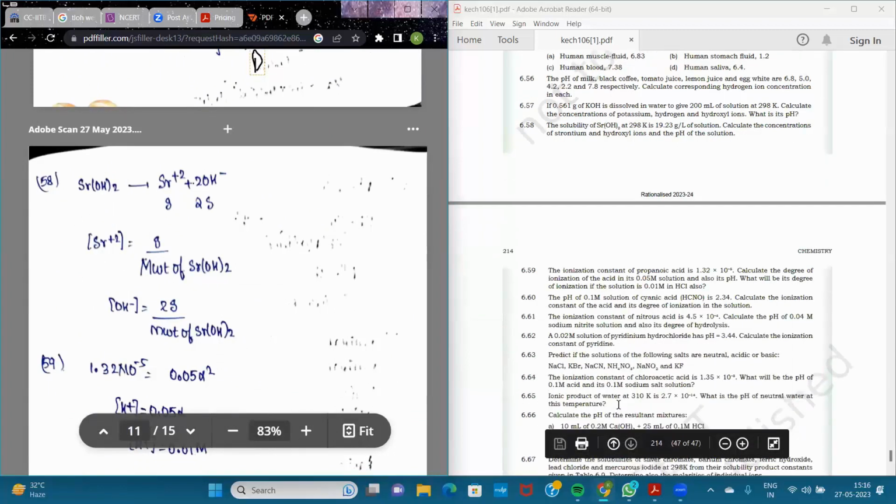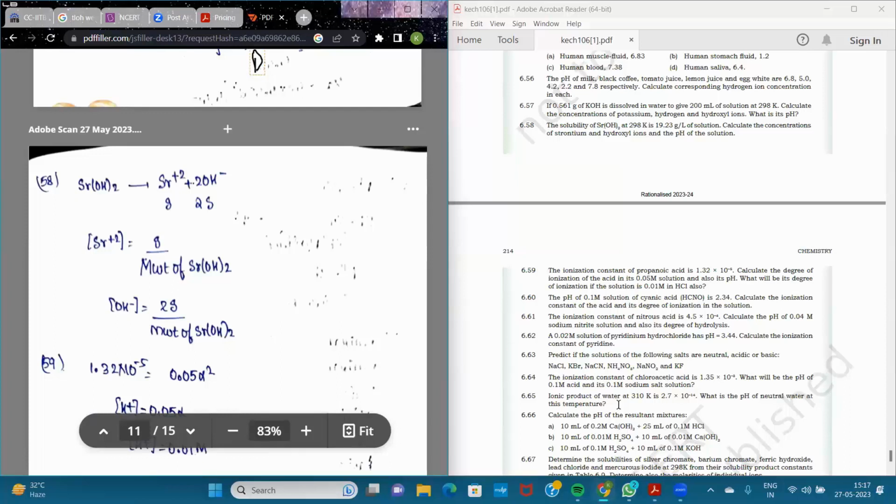The solubility of Sr(OH)2 at 298 Kelvin is 19.23 grams per liter of solution. Here, from solubility of Sr(OH)2, we can find the molar concentration of Sr(OH)2 if we divide the given grams per liter concentration with molecular weight of Sr(OH)2.